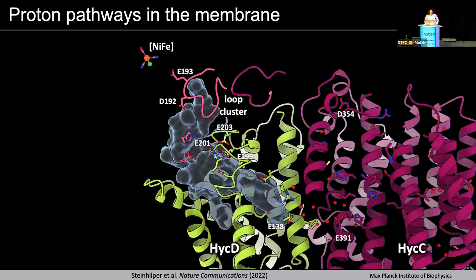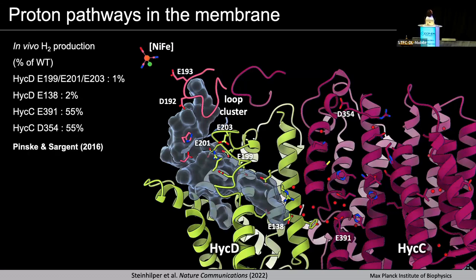And when we map different site-directed mutants onto this structure, it's interesting to note that mutations all the way down here, for example, this E138, this is work done in the group of Frank Sargent at Newcastle University. And it turns out that mutation, for example, of this glutamate all the way deep down in the membrane effectively knocks out hydrogen production activity several nanometers away.